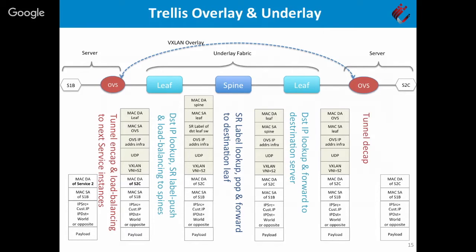Then it hits the leaf switch, which is the hardware platform that does its own routing through the network using not the customer traffic, which is below here, but the encapsulated addresses that OVS puts on it, right? So that's the overlay, and that's the underlay fabric routing.